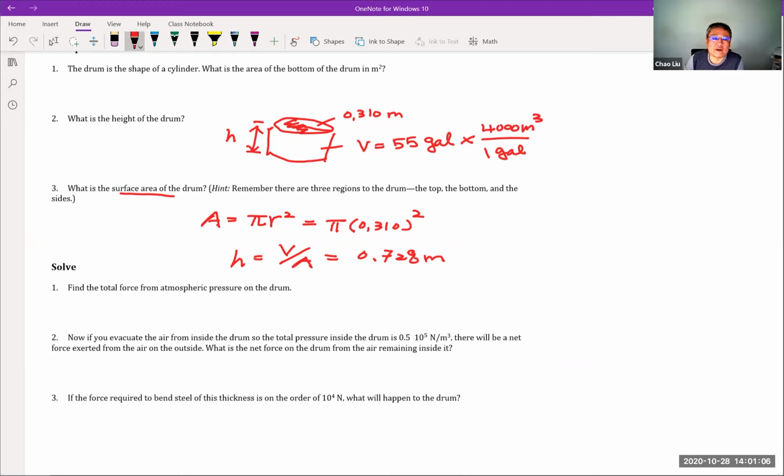The total area is going to give us the pressure, because the total force from the atmospheric pressure on the drum, divided by the total area, is equal to the atmospheric pressure.